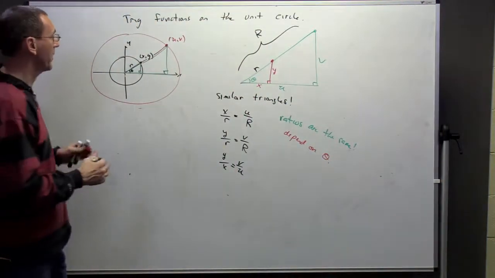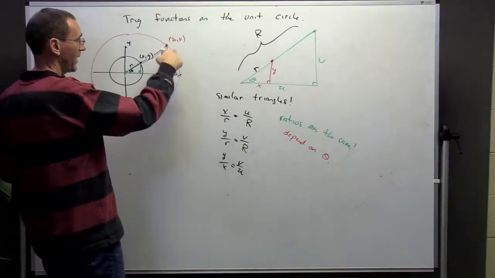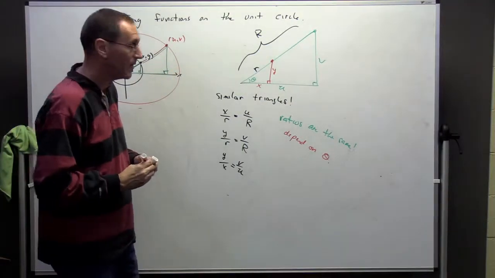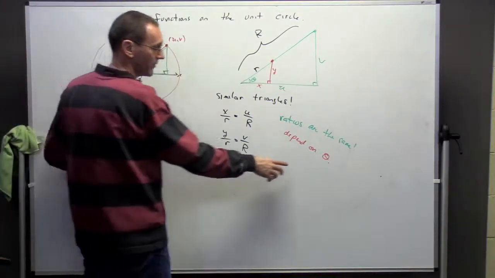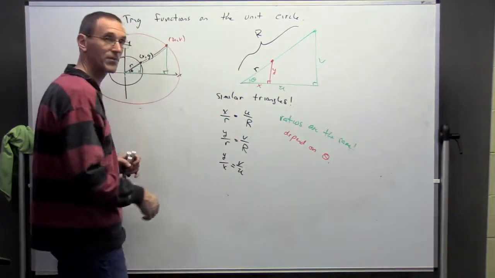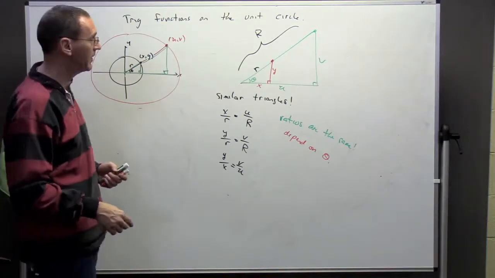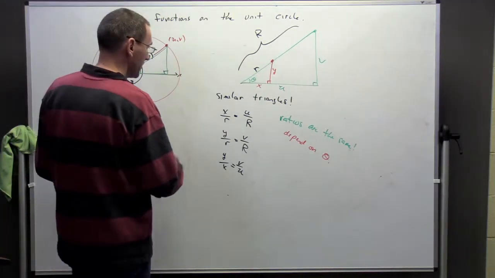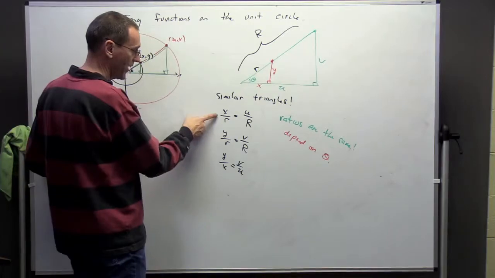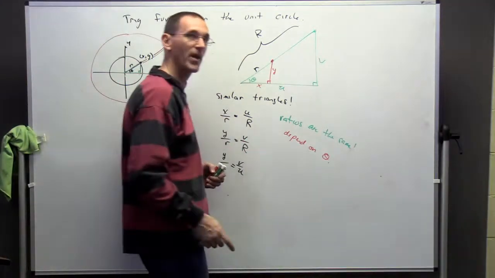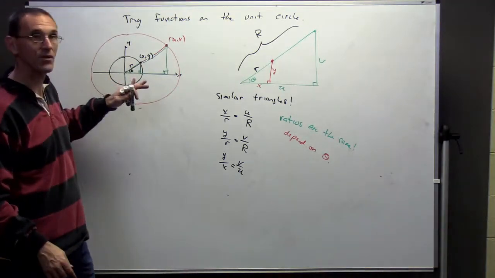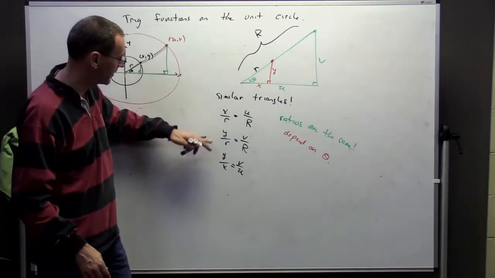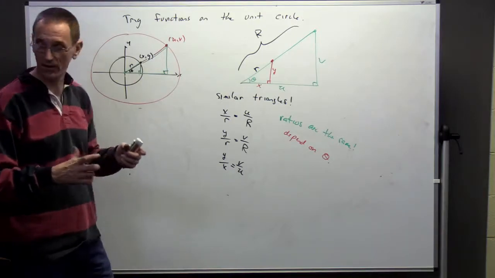Okay? And likewise, theta is going to depend on the radius and the length of that sector. But because these are along this same ray, I can start thinking about this only in terms of this angle theta. Okay? So if I define these ratios in terms of theta, I'm just going to make a function up. These are going to be true for any size circles, and these ratios are a well-defined quantity.